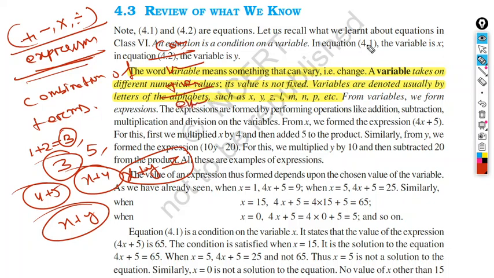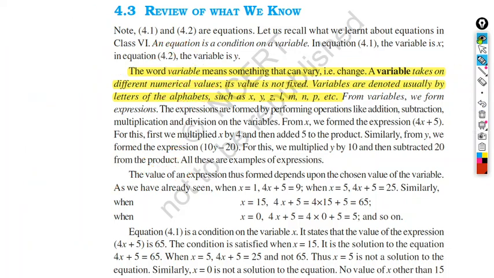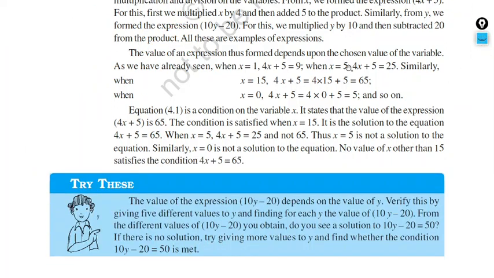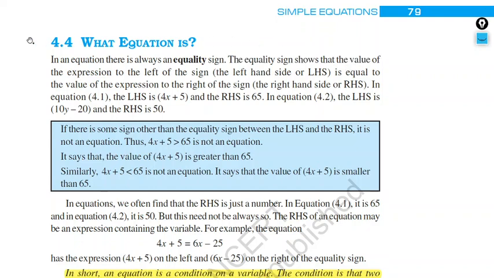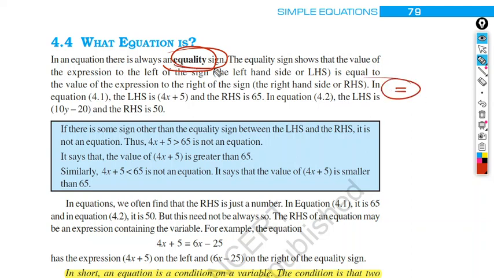So this was what you learned in class 6. Here we are going to see a new term, that is equation. What is an equation? An equation will always have an equality sign. Do you know the equality sign? This sign. It will always have an equality sign, and it will have two sides. Whenever you write an equality sign, can you write 5 equal to and leave a space?